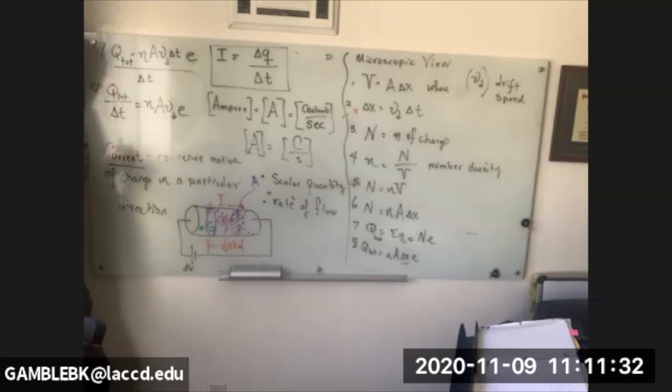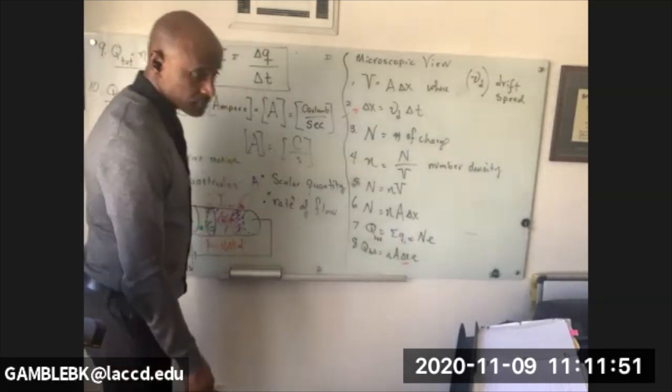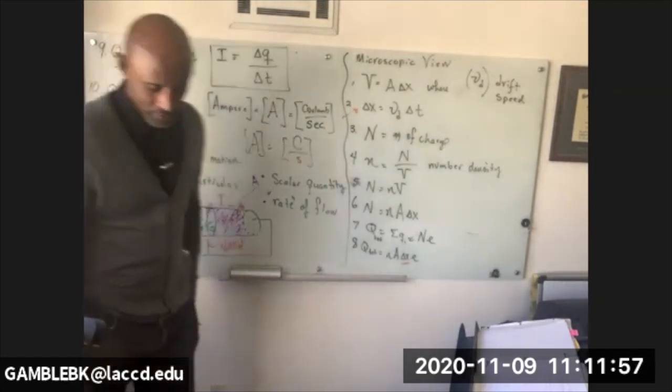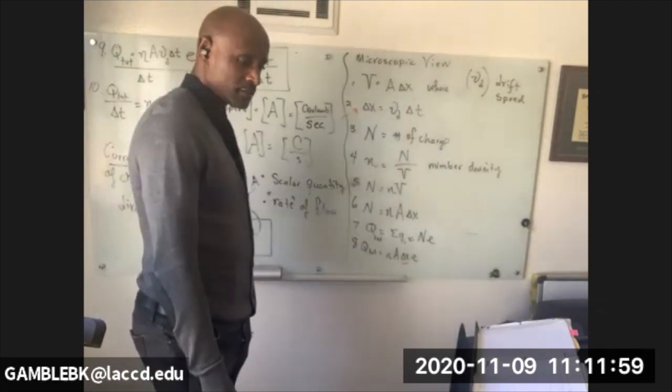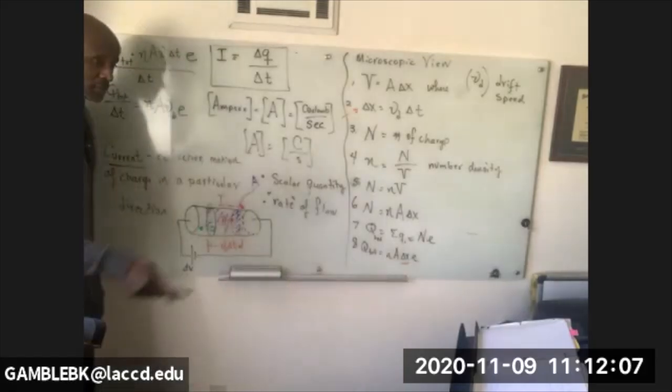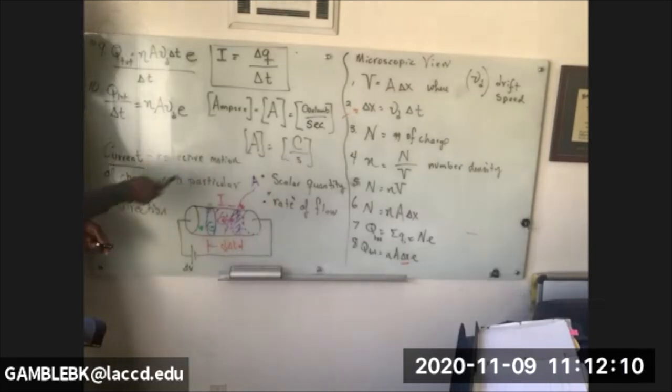What is this? Q over delta T. Everybody's walked away on break, trying to fool me. Anybody? Current. Oh, yes, current. Thank you, Daniel and Julia. Yeah, it's just a current.